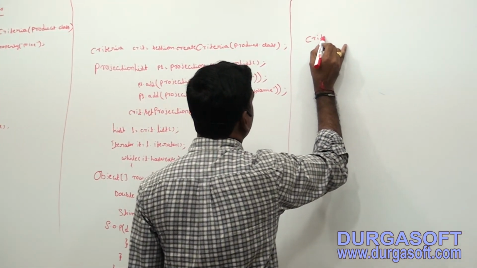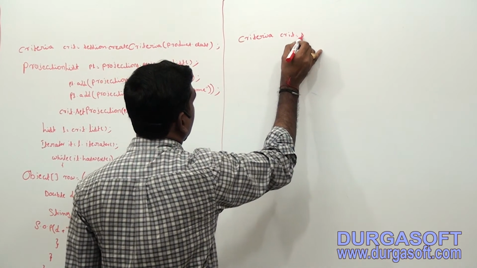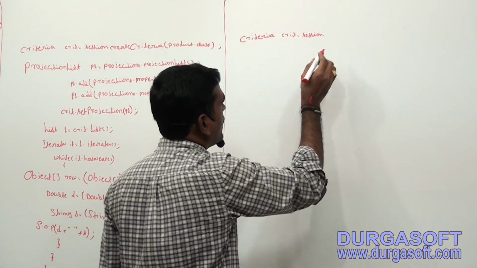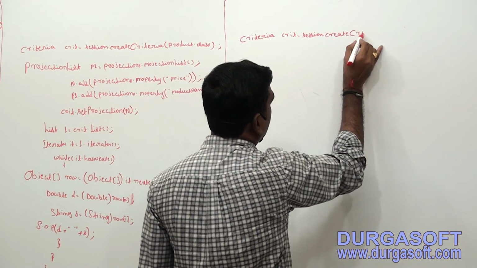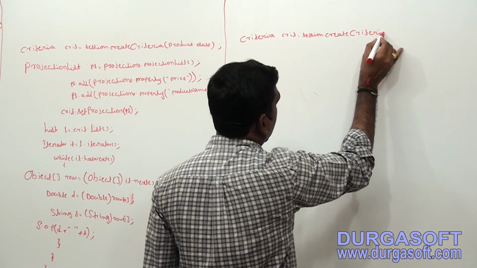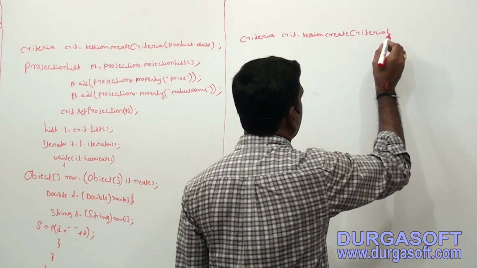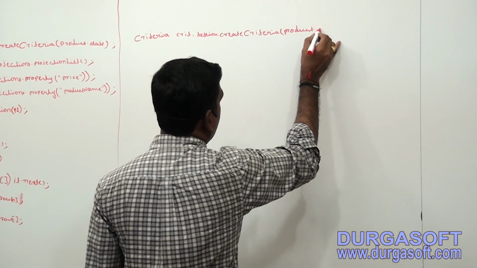Criteria is equal to session dot create criteria, under that Product dot class.